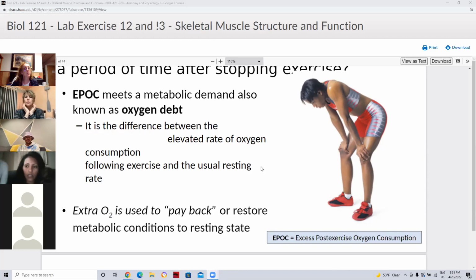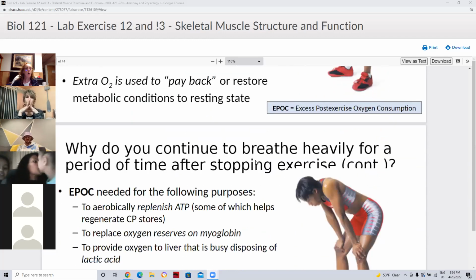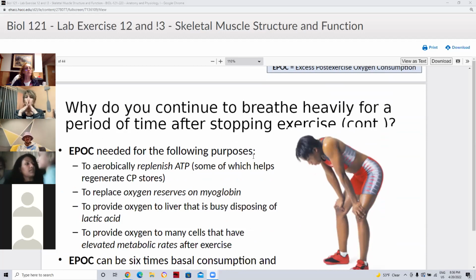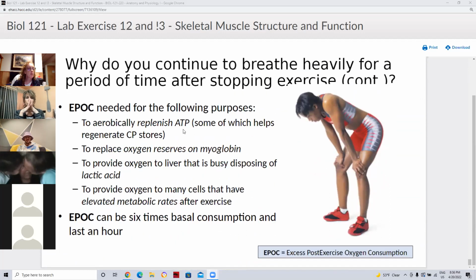The only way for you to do that is by getting your oxygen levels back, so that you can get ready to do it all over again. So this excess post-exercise oxygen consumption is needed to aerobically replenish the ATP, and help regenerate some of those creatine phosphate stores.